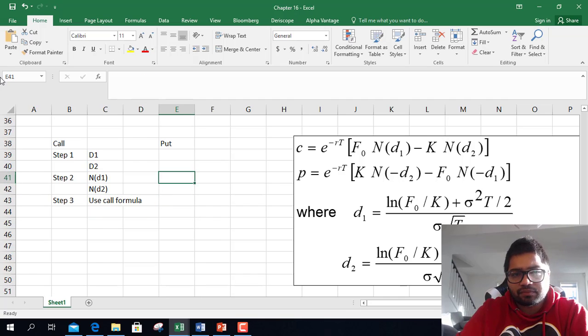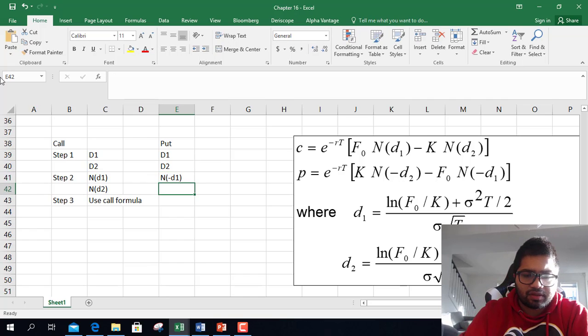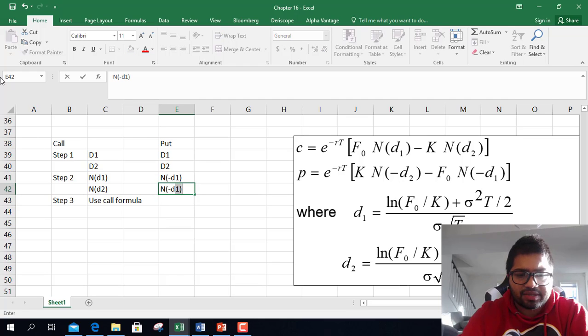For put, step 1 is calculate D1, D2. Now calculate N of minus D1, N of minus D2, and use the put formula.